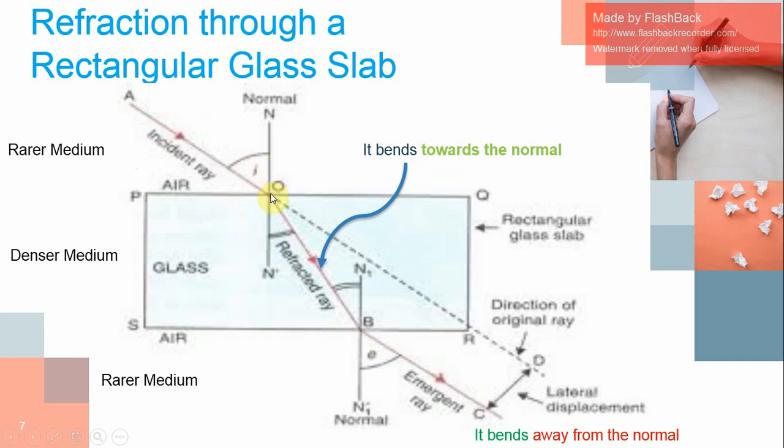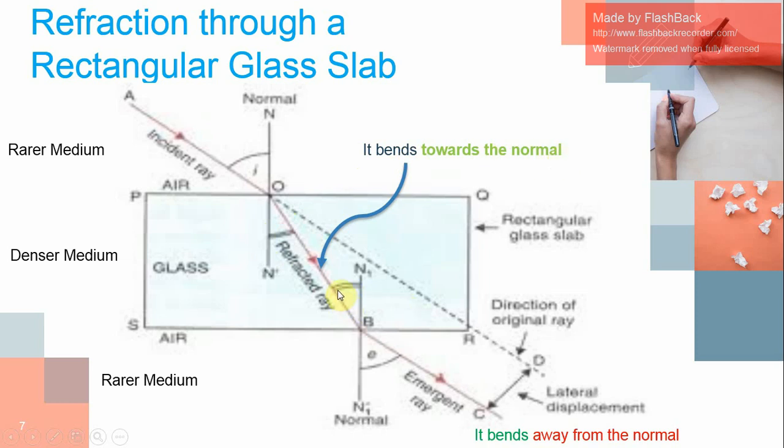After that the light is refracted, because light is traveling into the denser medium. This is the refracted ray, and this is the angle of refraction. The angle between the normal and the refracted ray is called the angle of refraction. Here the direction of light also changes, and light bends towards the normal.